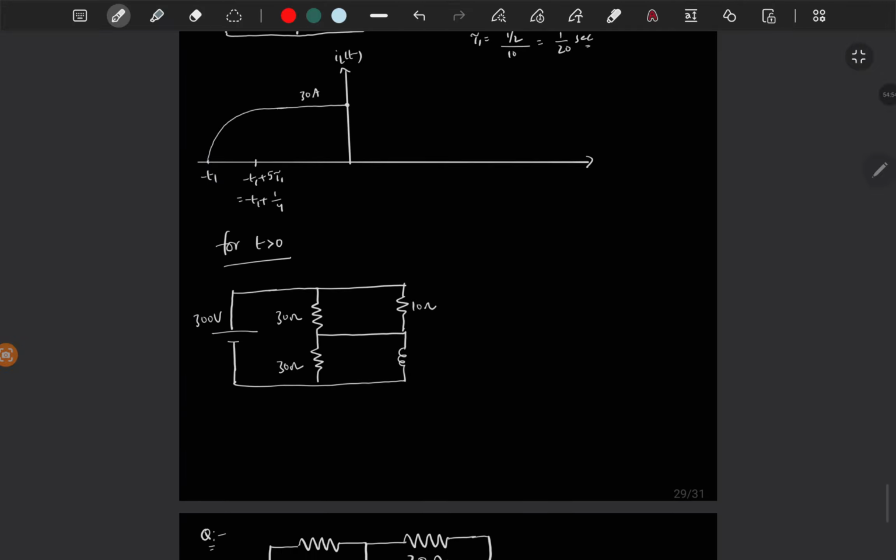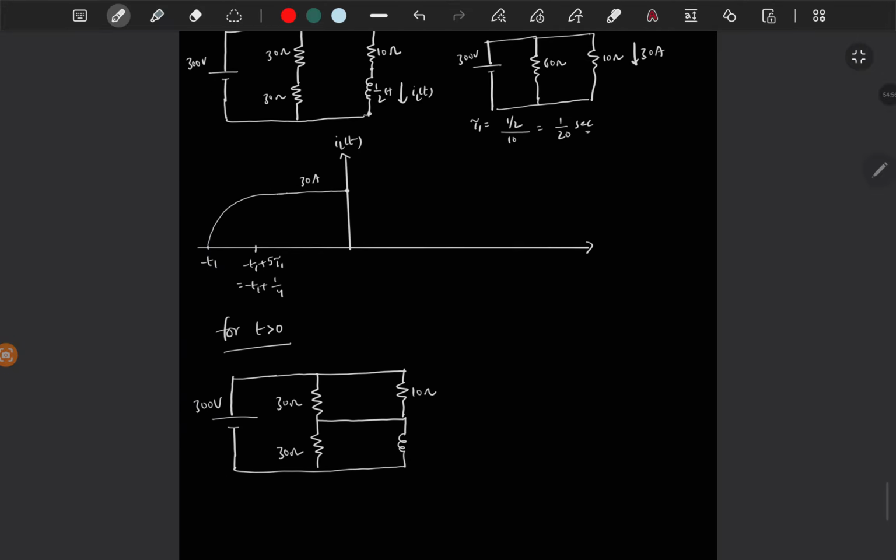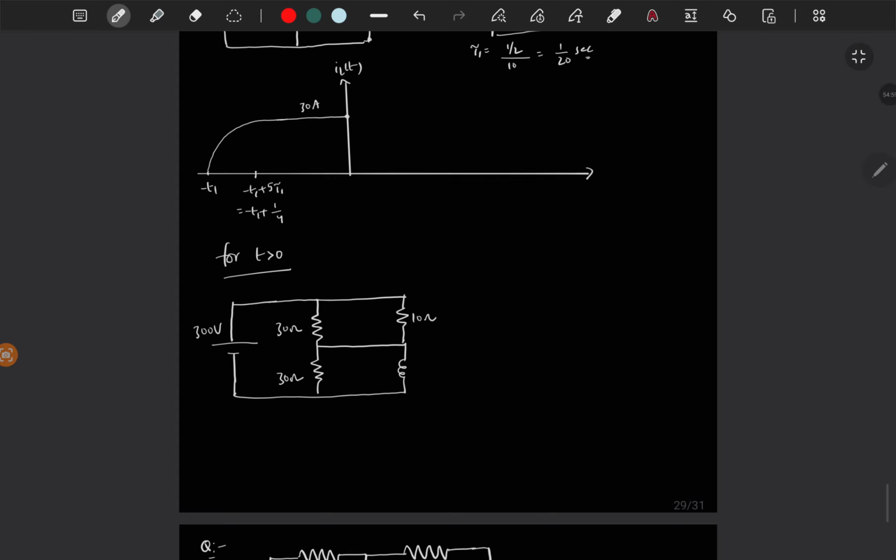So this is the circuit for t greater than 0, and inductor value is 1 by 2.